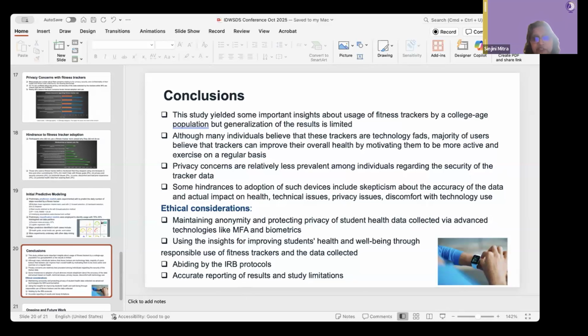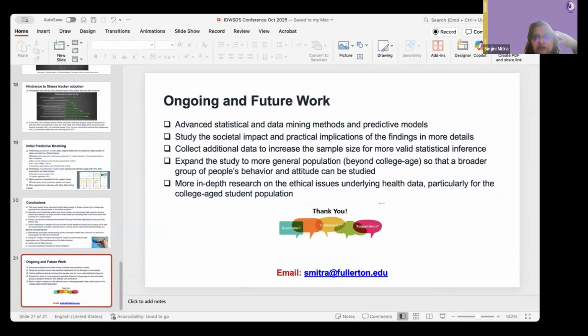Also, always making sure to abide by IRB protocols, and also accurate reporting of the results, and understanding the study limitations, is very important. So we are working on all of that, and more in-depth research on the ethical issues, because this has become a lot more prevalent now with AI and generative AI and things like that. So we're working on that as well.